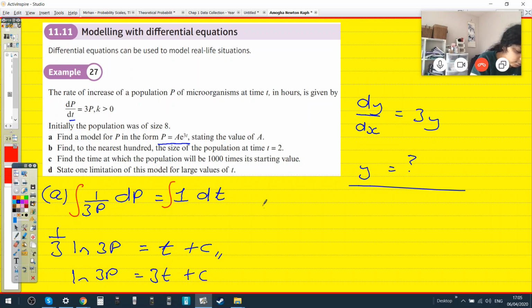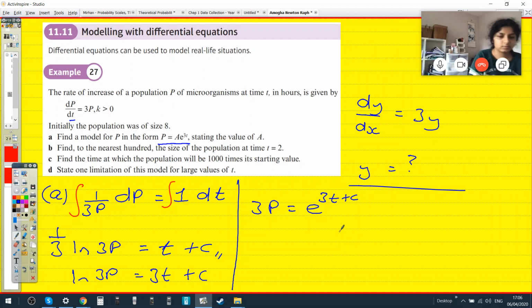So then you would have ln 3p equals 3t plus c. And we didn't know what c was to begin with, so it doesn't make any difference. So then you have 3p is equal to e to the power of 3t. I think it would be 3t plus c.